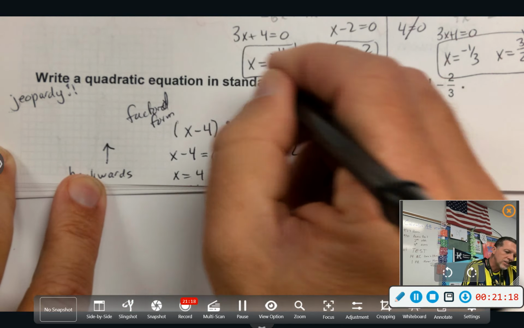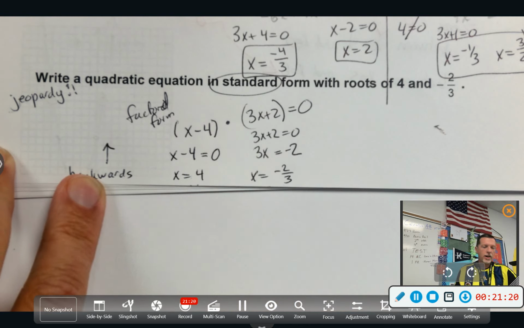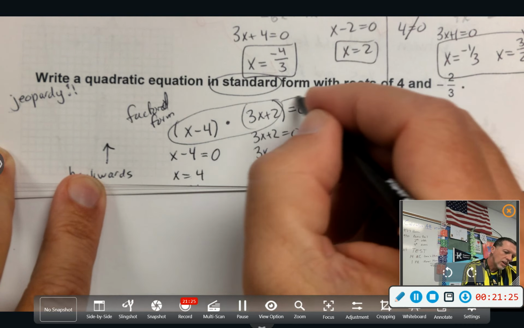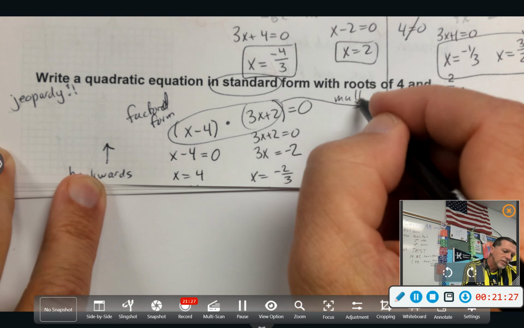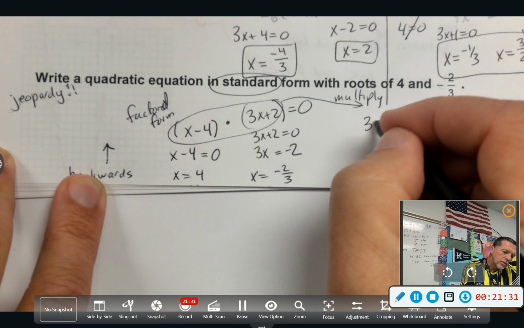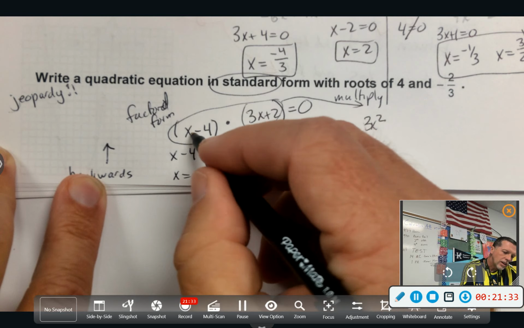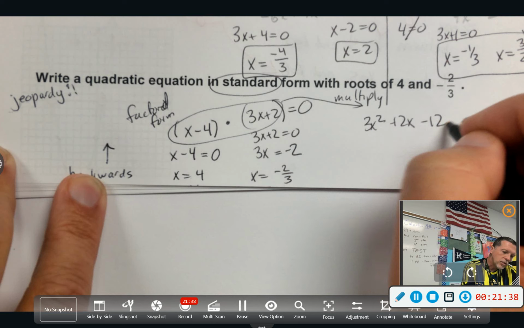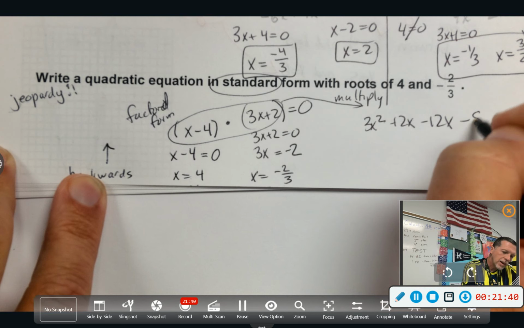except we want standard form. So how do I get from factored form into standard form? I'll need to multiply those. So that would be 3x squared plus 2x minus 12x minus 8.